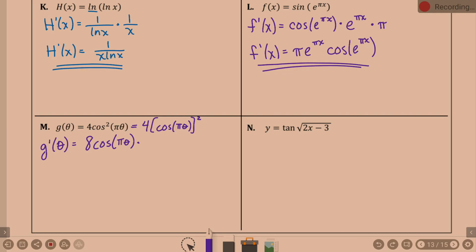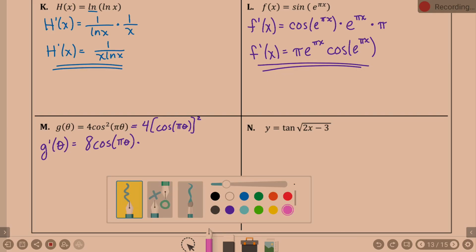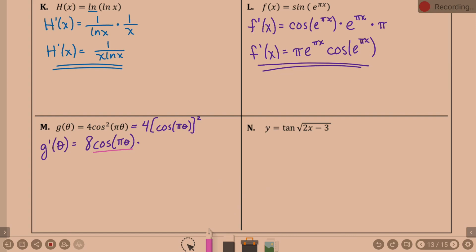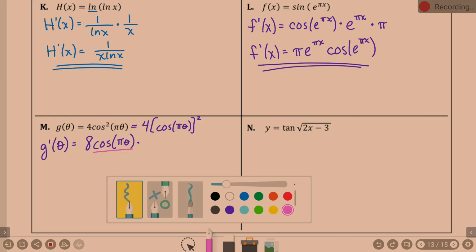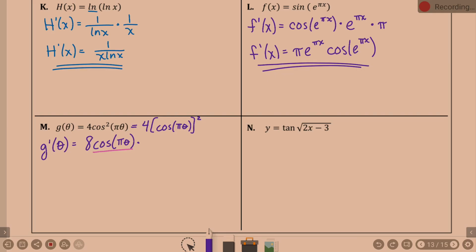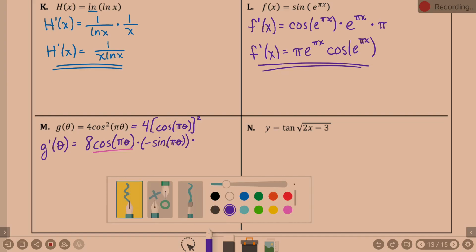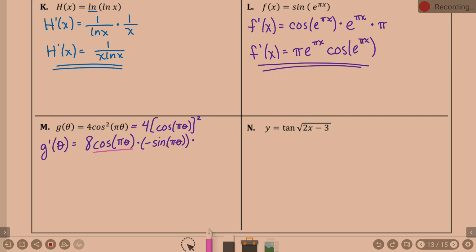Now, what's my inside we have to concern ourselves with? Cosine of pi theta. What's the derivative of cosine of something? Negative sine of something. So negative sine of pi theta. We did the derivative of cosine of something, got negative sine of something. There's still something in here that's other than just a plain old variable.